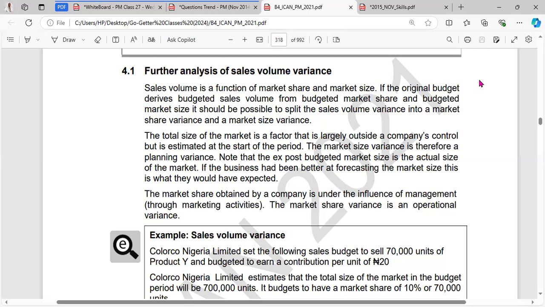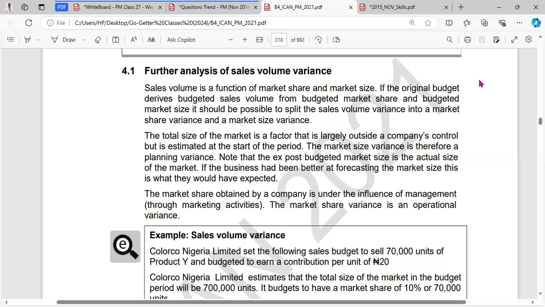If the original budget derives budgeted sales volume from budgeted market share and budgeted market size, it should be possible to split the sales volume variance into market share variance and market size variance.